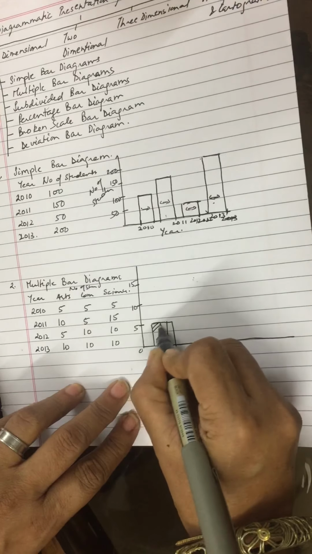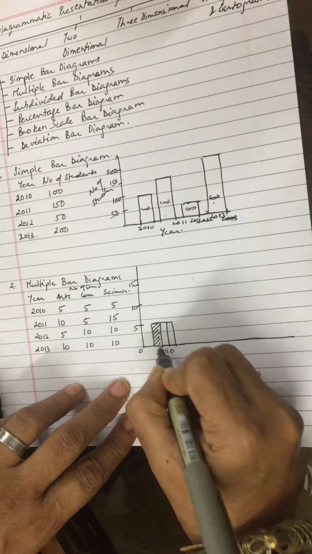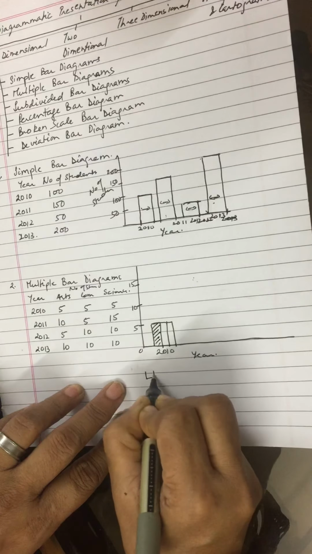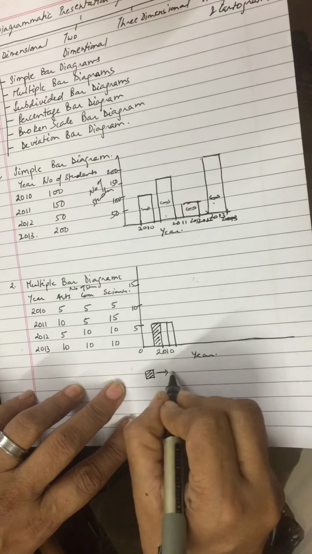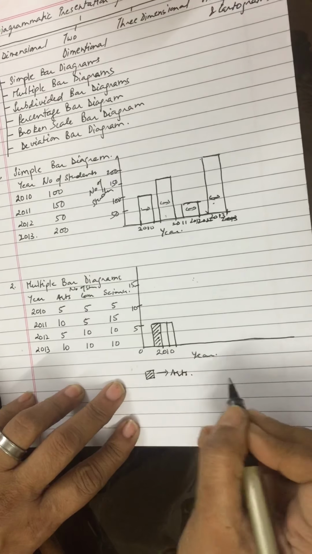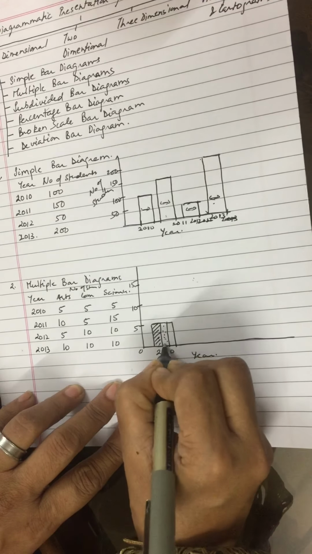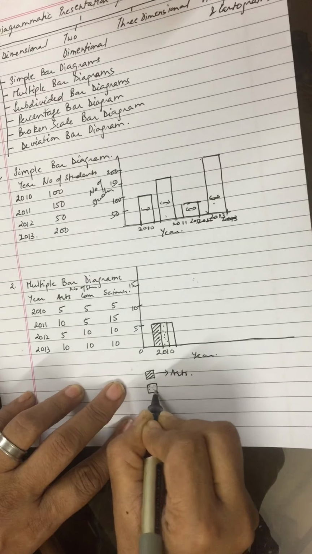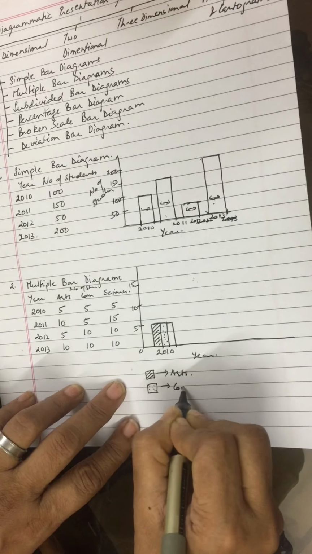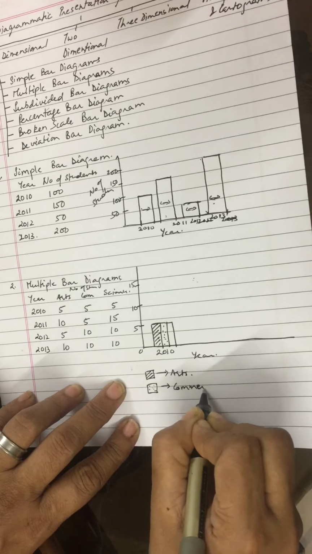So now I draw lines over here to show that this kind of bars are representing arts. Then I draw maybe dots in the second one and I put it that the dots bars are representing commerce students.